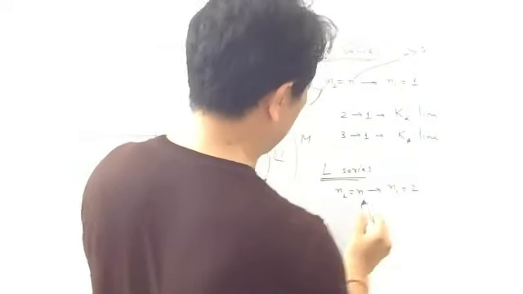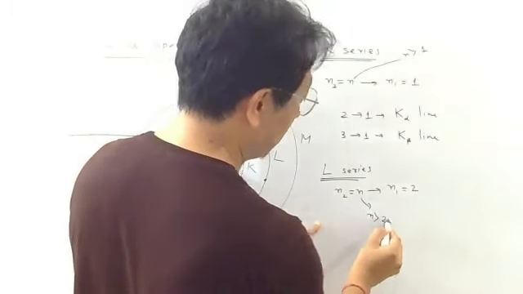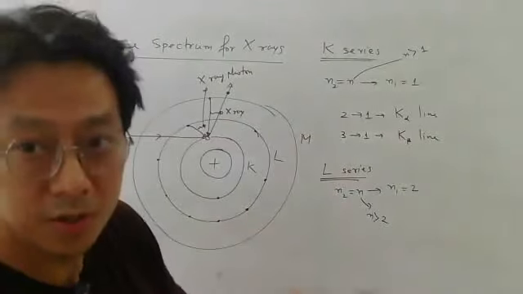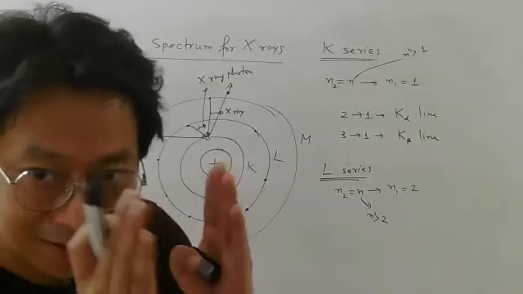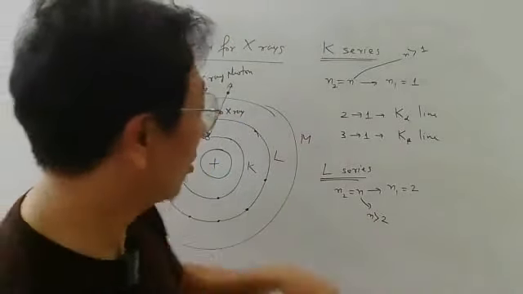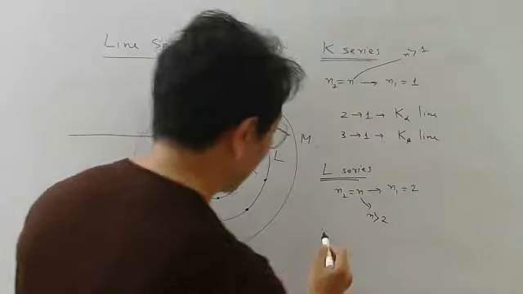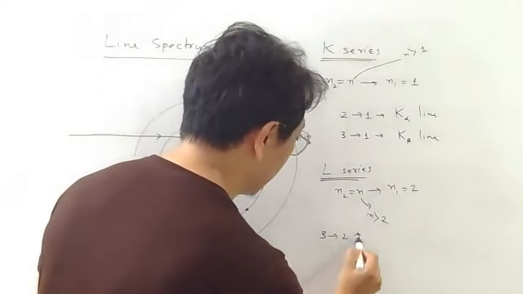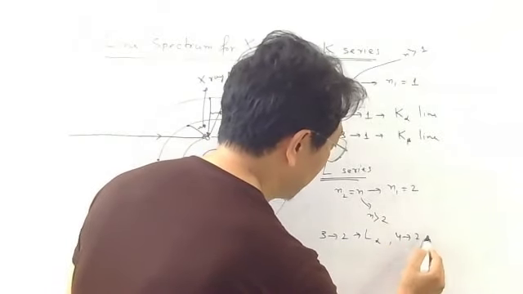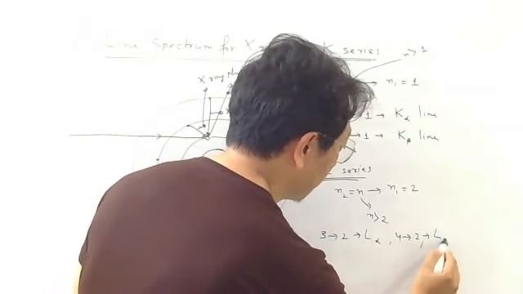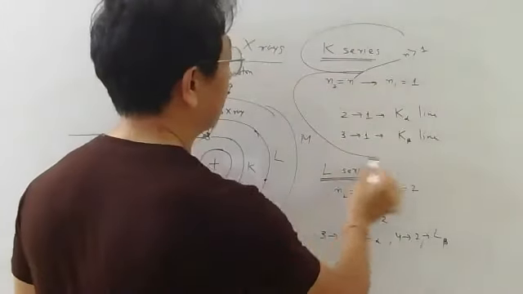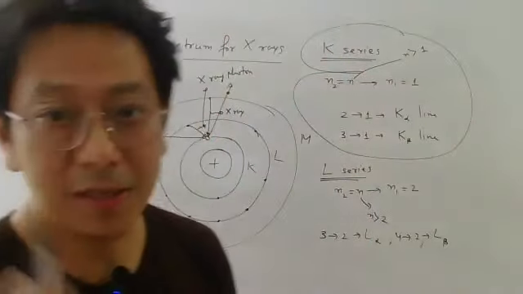Here n should be greater than 2. These transitions also give photons, and that series is called your L series. Again, 3 to 2 is called L alpha, 4 to 2 is called L beta, and so on. But students, for our syllabus, only K series is important.